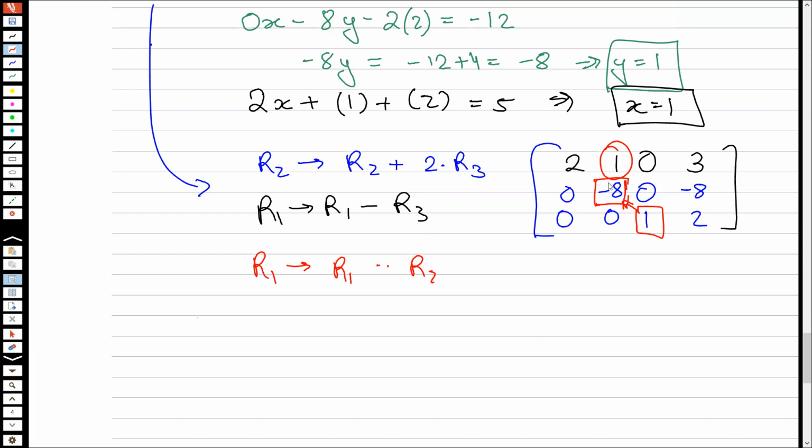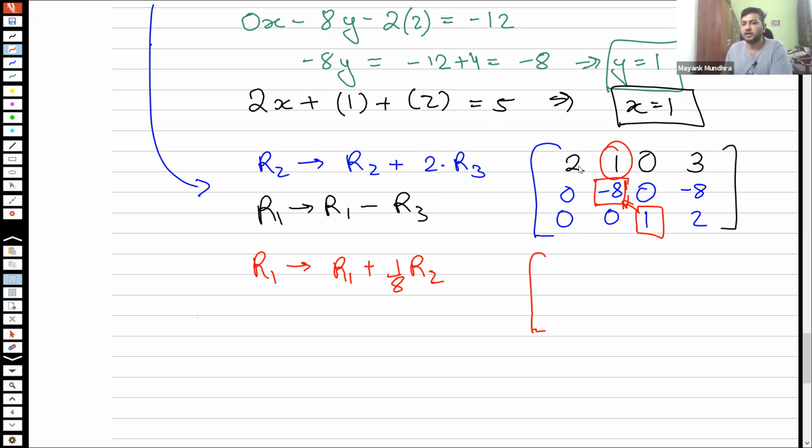Eight R1 plus R2. Okay, don't multiply R1 by 8. Rather, R1 plus 1 by 8 R2. Although what you're saying will also lead to the correct answer, it's easier to do this.